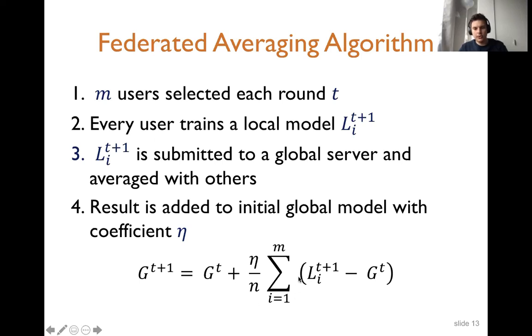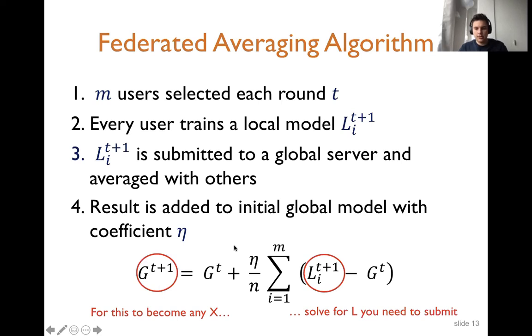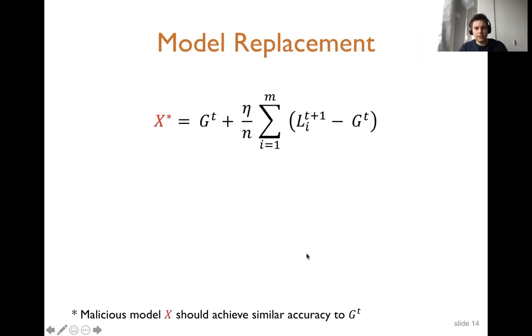The global server basically just sums up all the models received and averages them out using some coefficient eta, and produces a new model. So if we want to attack it, then we want this new model to become this backdoor model X. And we can simply solve this equation for L, so we would know what to submit.